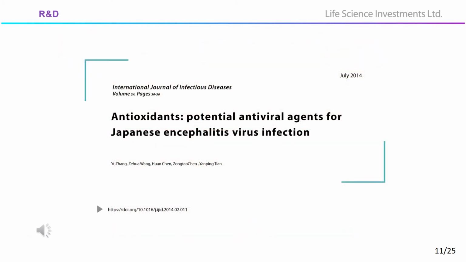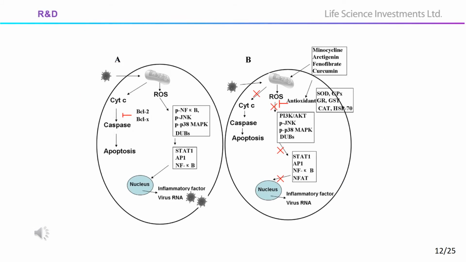Here in this paper, it was reported that antioxidants were potential antiviral agents in the case of infection by encephalitis virus, Japanese encephalitis virus. On the left, you can see that the virus is impacting the cell and mitochondria to produce free radicals.